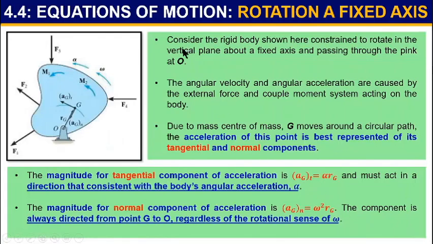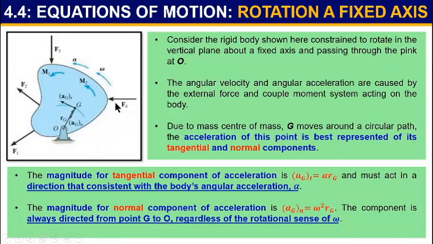To start, let's consider the rigid body shown here constrained to rotate in the vertical plane about a fixed axis passing through the pin at O. The angular velocity and angular acceleration are caused by external forces and the coupled moment of the system acting on the body.